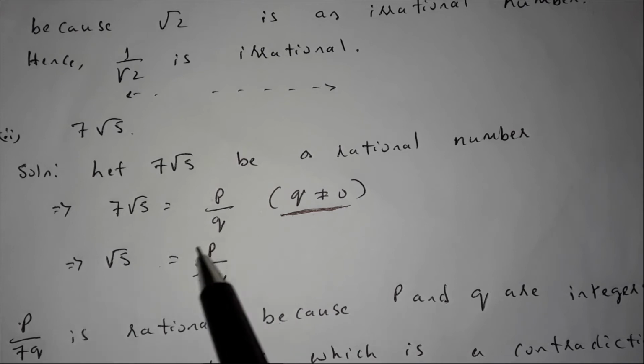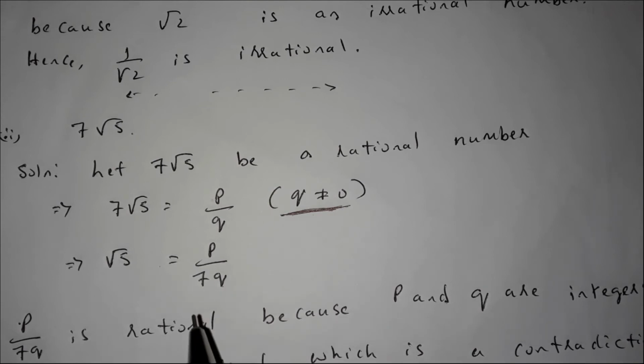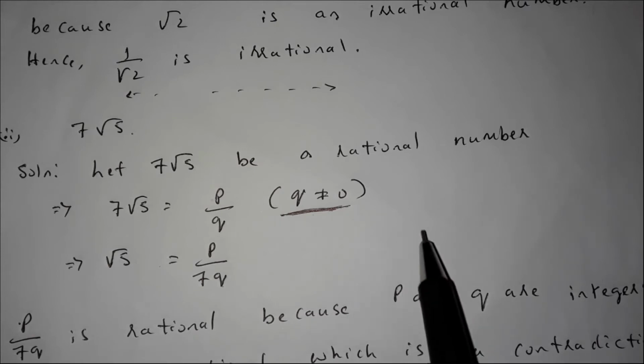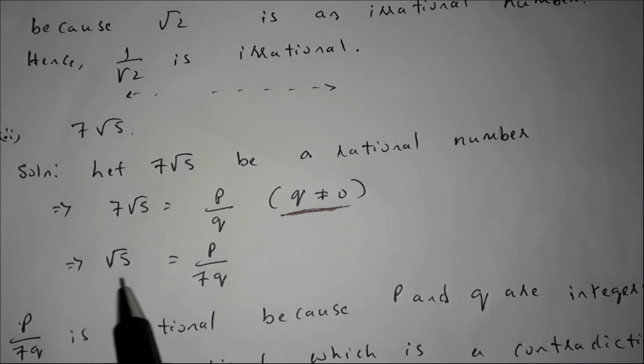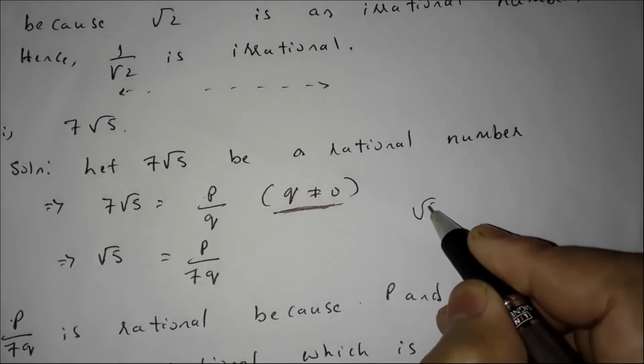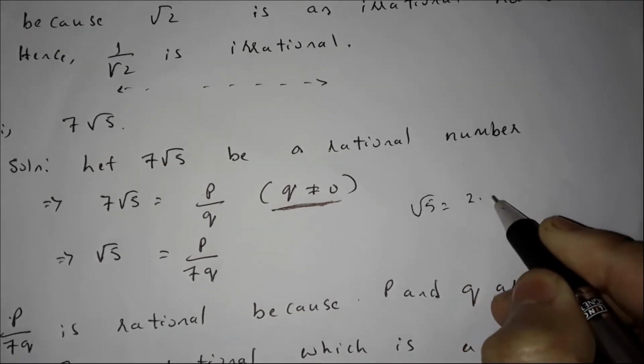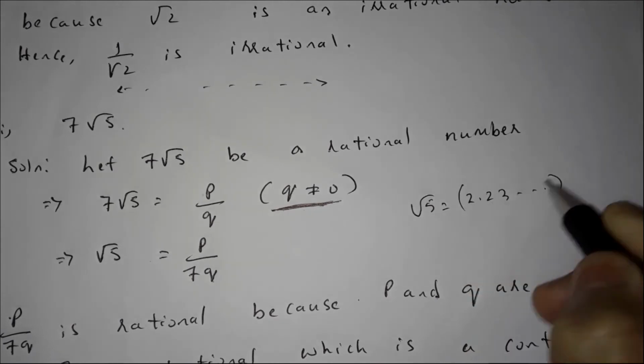So this thing is rational because p and q are integers. 7 is already an integer. P and q, their values may be positive or negative, does not matter. You will get a fraction. If you get a fraction, that means root 5 also should be a rational number. But we know that root 5 is not a rational number, because root 5 equals 2.23 something, non-terminating.